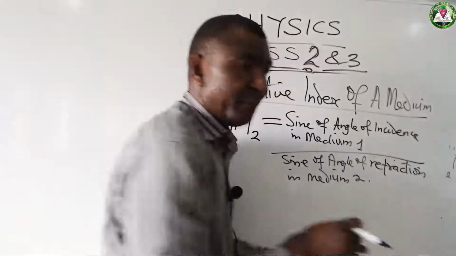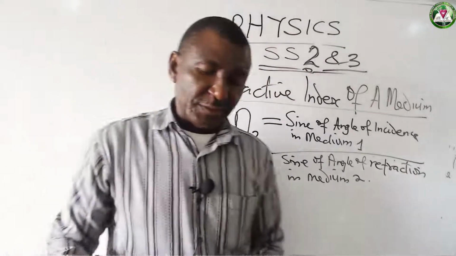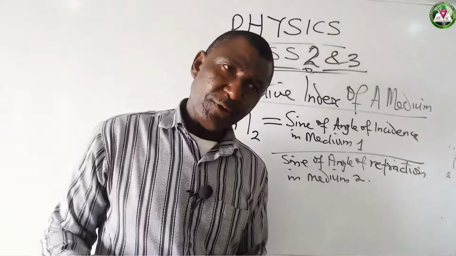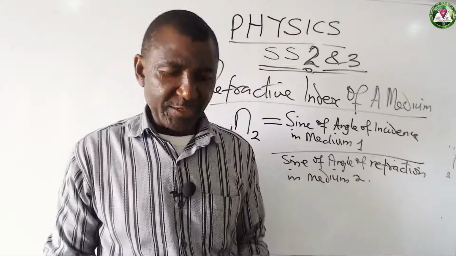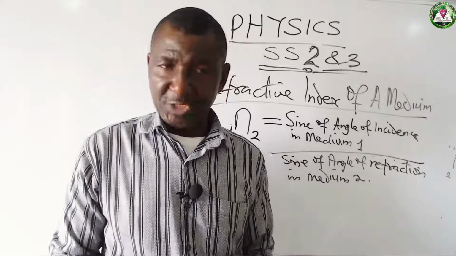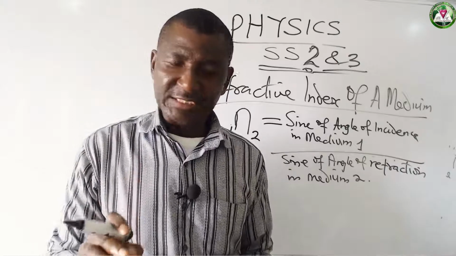Alright. But if light travels from medium 2, for instance glass to air, or from water to air, like it's now coming out, we now say that it is moving from medium 2 to medium 1. I hope you are putting down all these things.